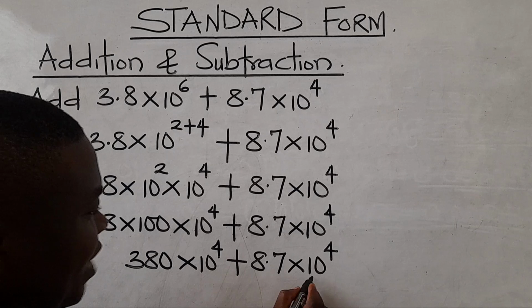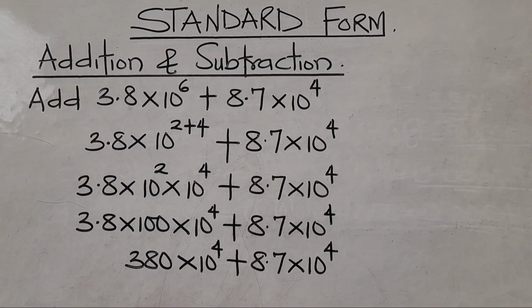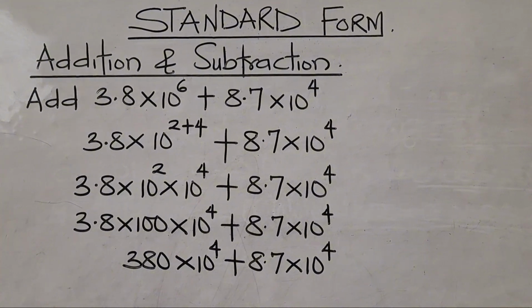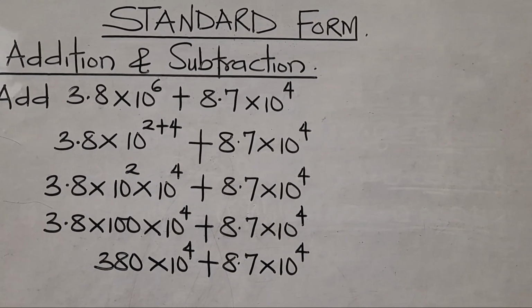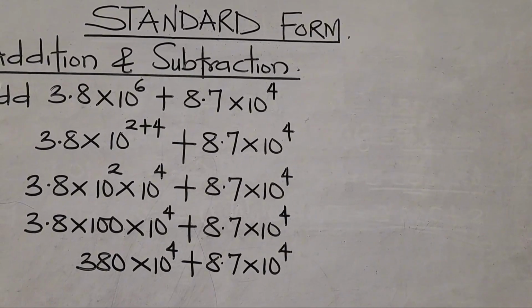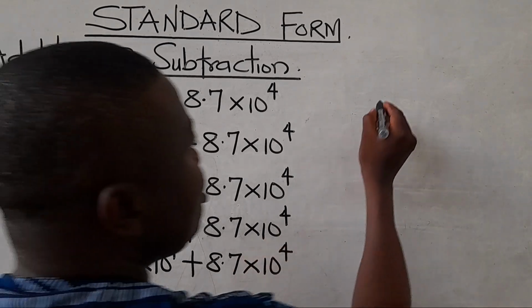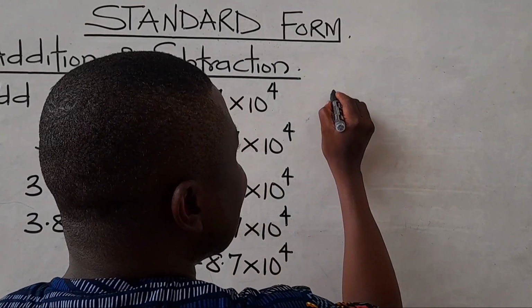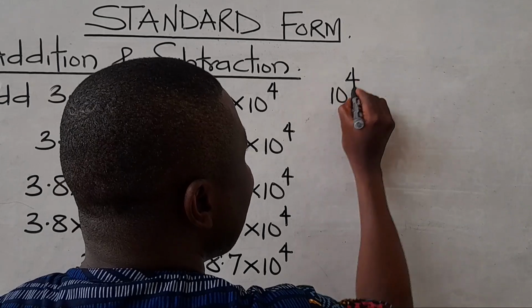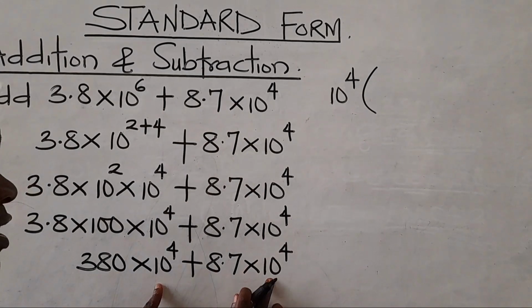Now the 10s are of the same power. So we can now play with these numbers. We have 10 to the power 4 common, so you bring it out, in brackets, because that's the HCF.